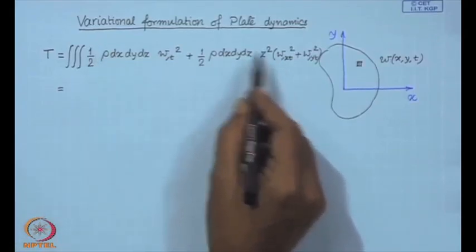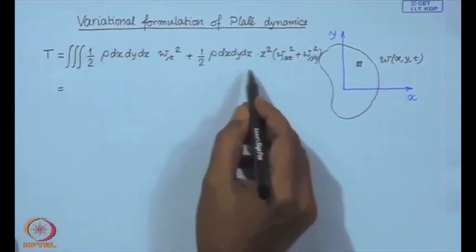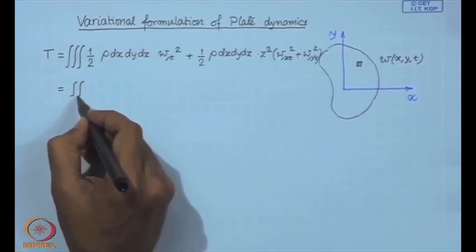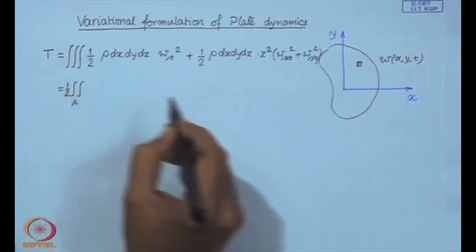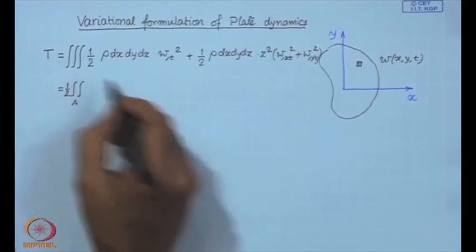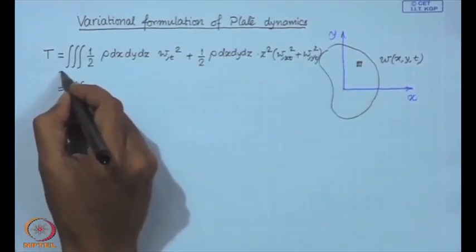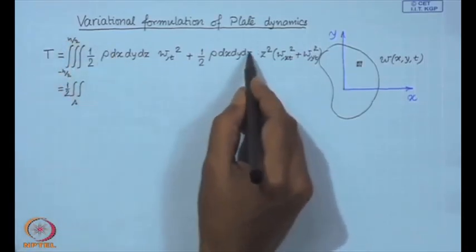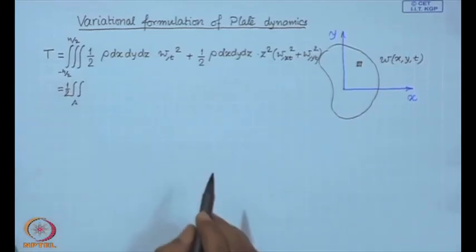So, there is nothing in the integrand that is a function of z, and z can be integrated out. The z coordinate goes from minus h by 2 to h by 2, where h is the thickness of the plate.